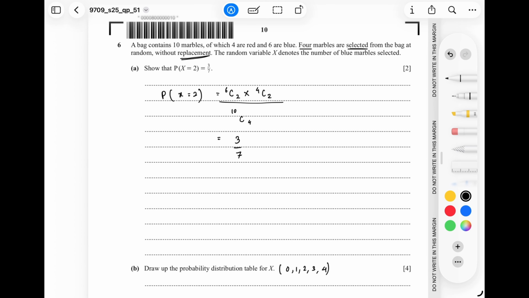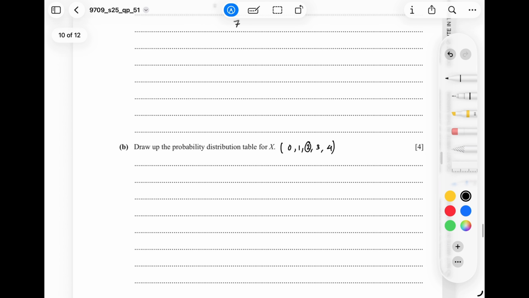We don't have to find it for 2 because we already found it. So let's find it for the rest. Put them in a table, add up all the probabilities, make sure it adds up to 1 to check if you're correct, and you're done. Okay, so P of X equal to 0, which is going to be X is equal to 0.